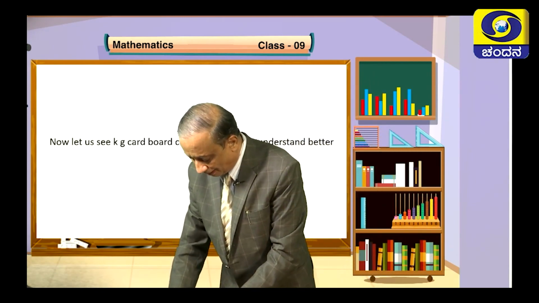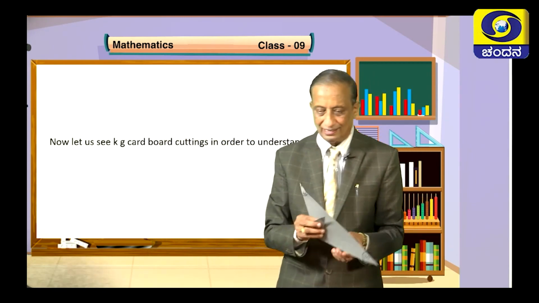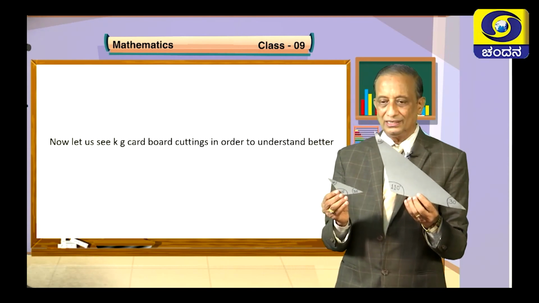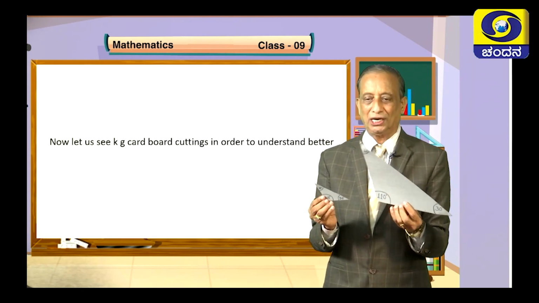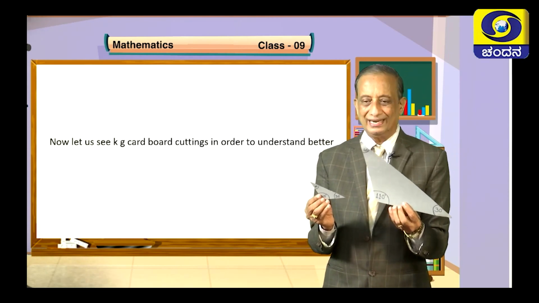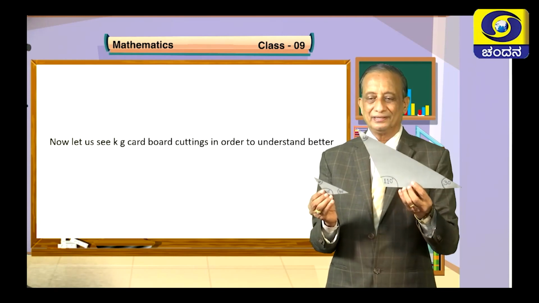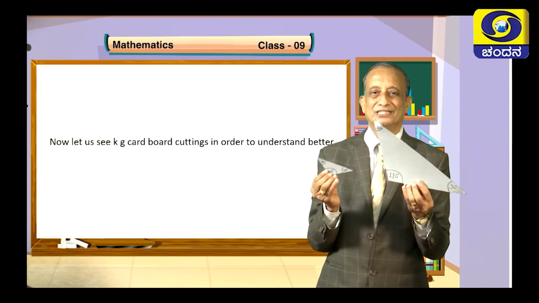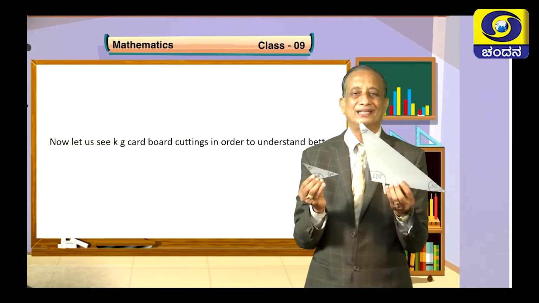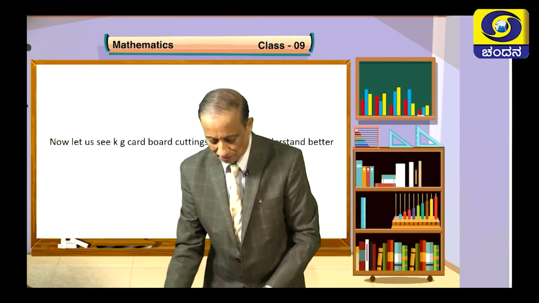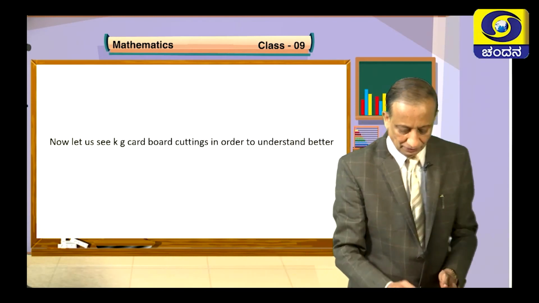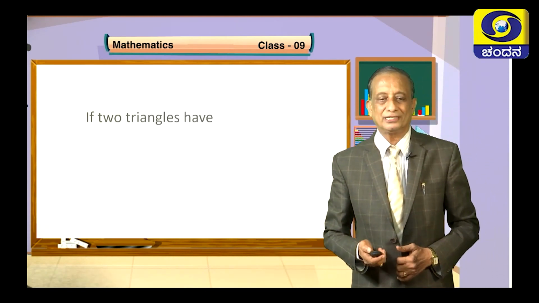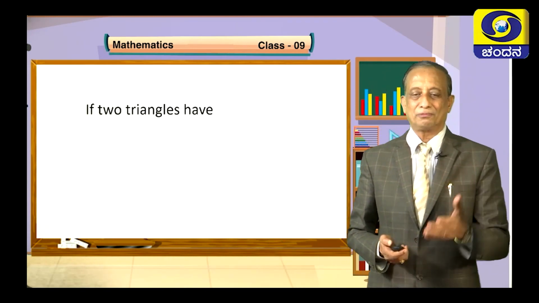At the same time, look at these two triangles. These two have the same shape but not the same area. Areas are different. Therefore, we call them similar triangles, which you are going to study in the 10th standard. Now, having understood the concept of congruent triangles, we proceed like this.